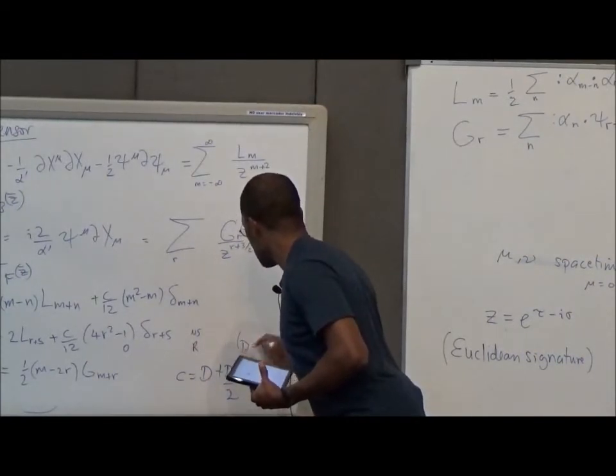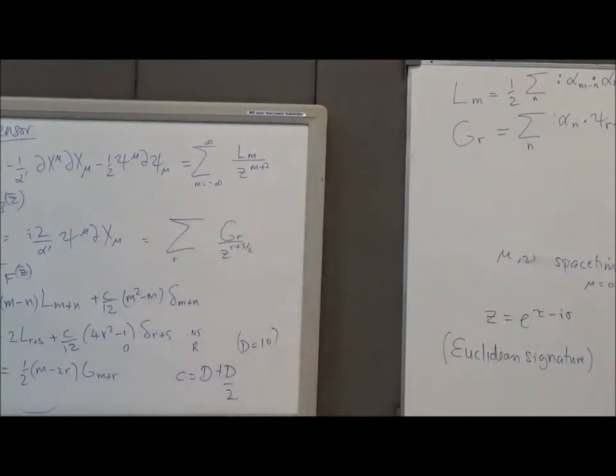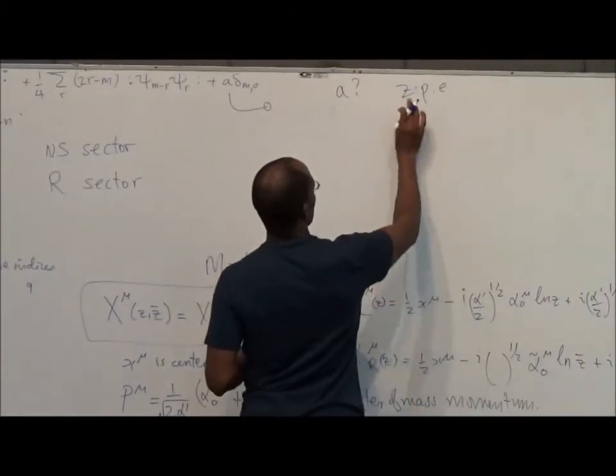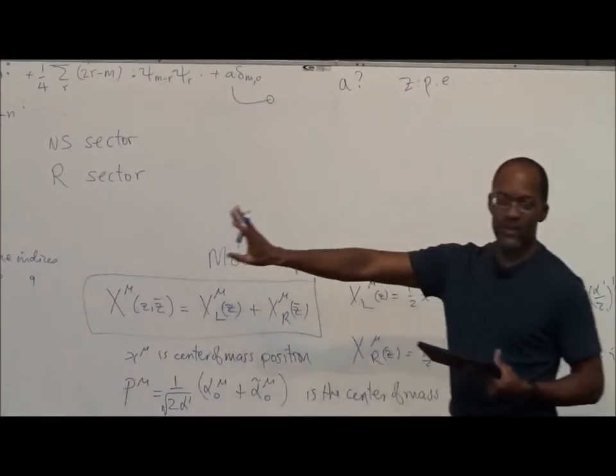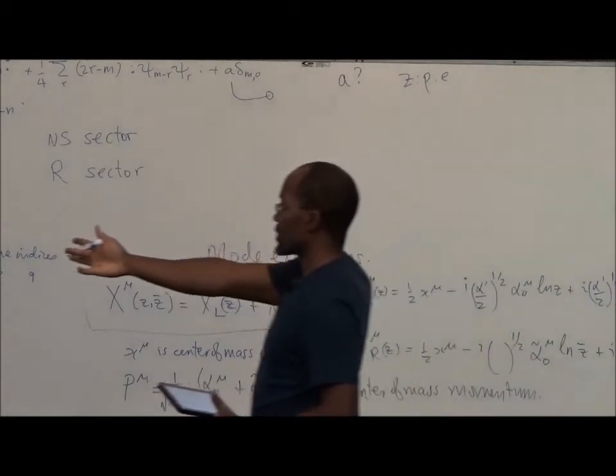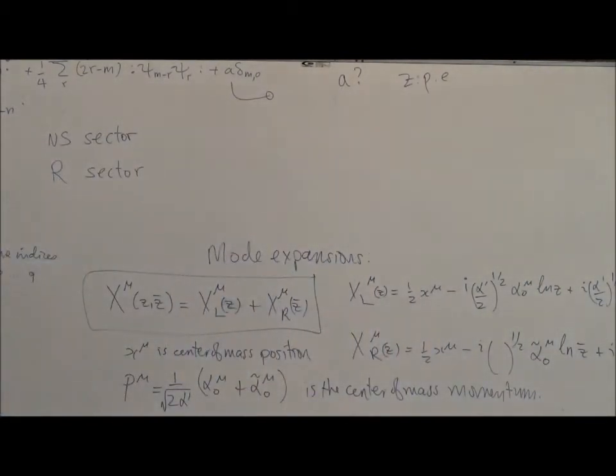We've already seen that D is actually 10. So the zero-point energy here is, you can think about it in different ways, but at the end of the day, here are some things that you studied elsewhere that I just have to tell you. You study the 10-dimensional theory.